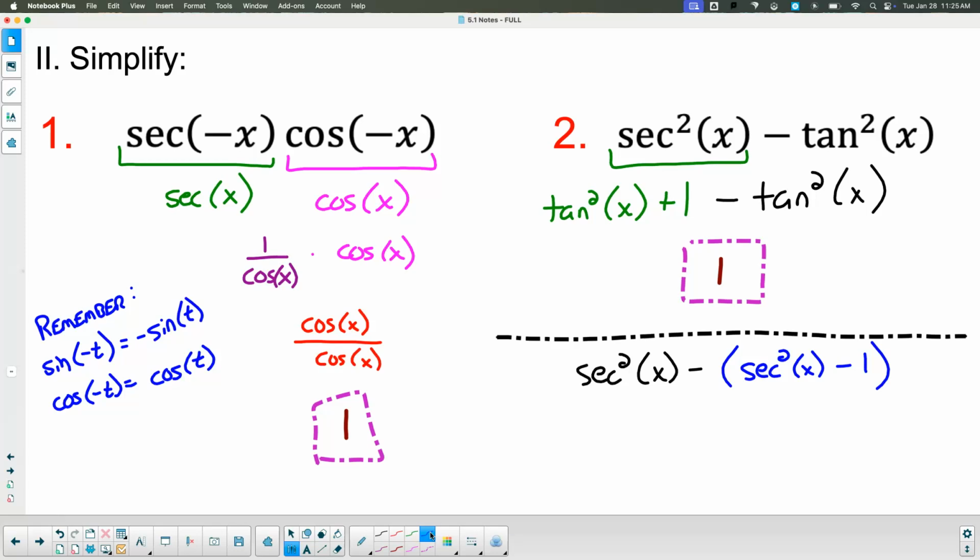Well, if I distribute that negative sign in there, I get that. Secant squared plus secant squared minus secant squared goes away, and then I get my 1 that way. Okay. Many different ways.